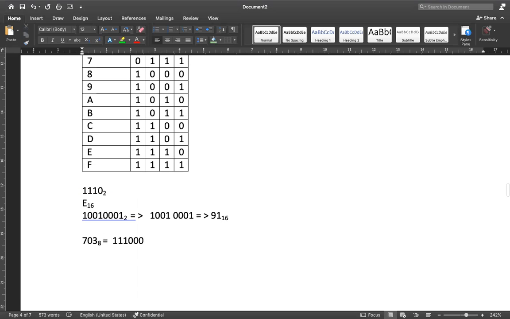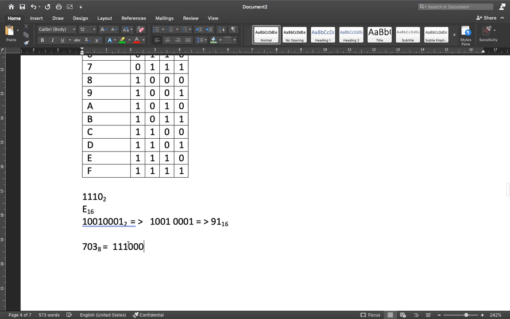Not just a single 0, right? You have to write 3 by 3. 7 means 111, 0 means 0 0 0, 3 means 0 1 1. And this is the binary equivalent number.